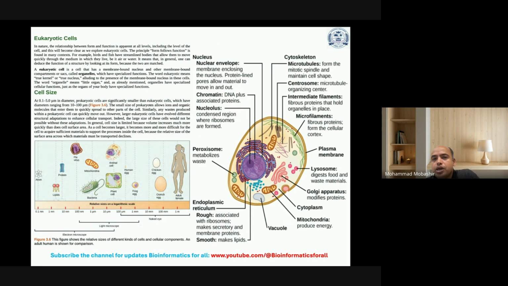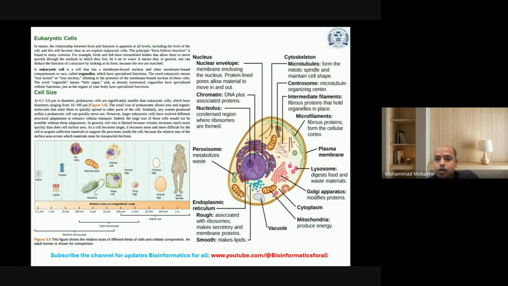So eukaryotic cells, again, I'm not going deep inside, but you can understand a eukaryotic cell has a membrane-bound nucleus, a well-defined nucleus, and other membrane-bound compartments or sacs, which are called organelles, that is cell organelles, which have specialized biological functions.